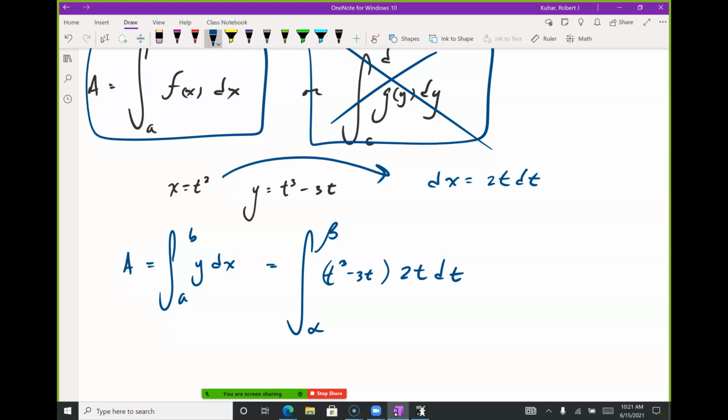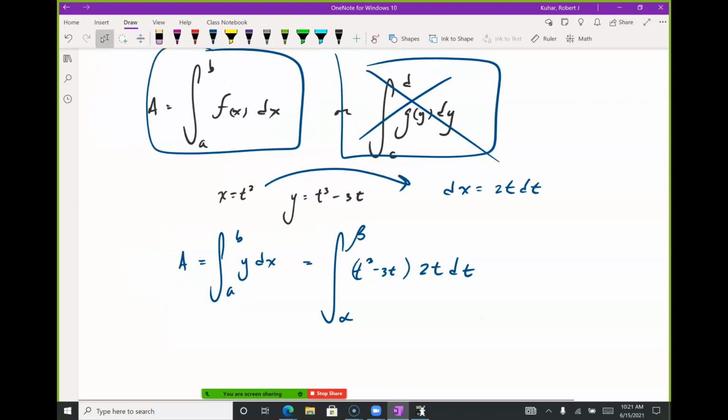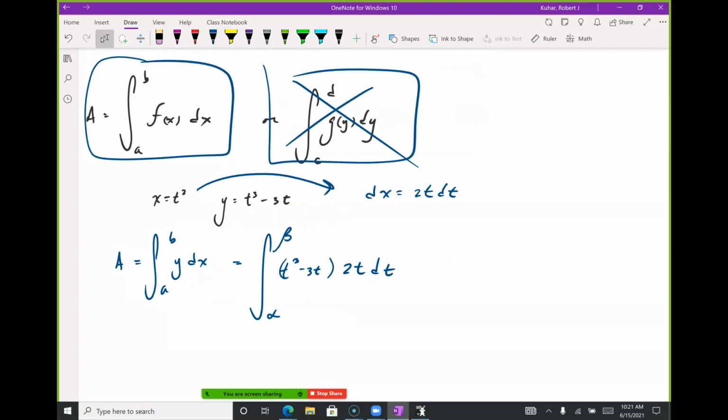That's how simple this area piece is for these parametrics. I still need to figure out alpha and beta, and maybe I can distribute my pieces here. What do I have? 2t to the fourth minus 6t squared, right? I still need to figure out my alpha and beta.